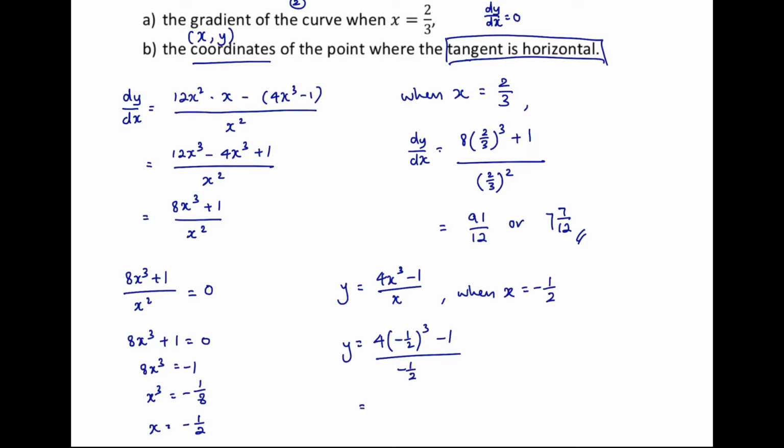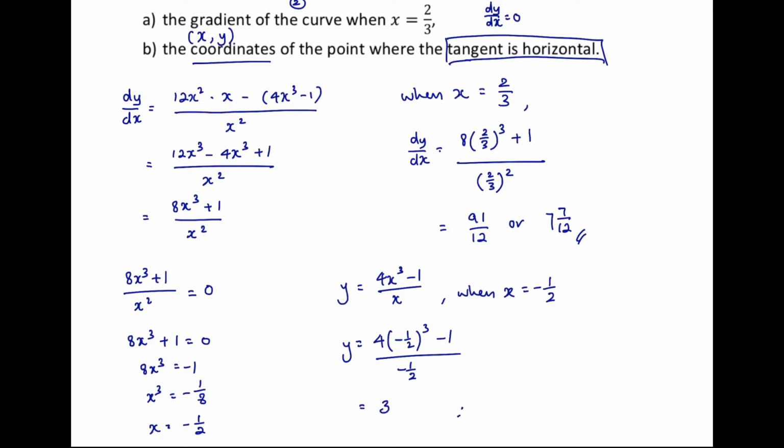Okay, so let's put this into our calculator, which means that it will be, do a little bit of mental. So negative 4 times 1 over 8, answer minus 1 over negative 0.5. Okay, so I'll have y equals 3.